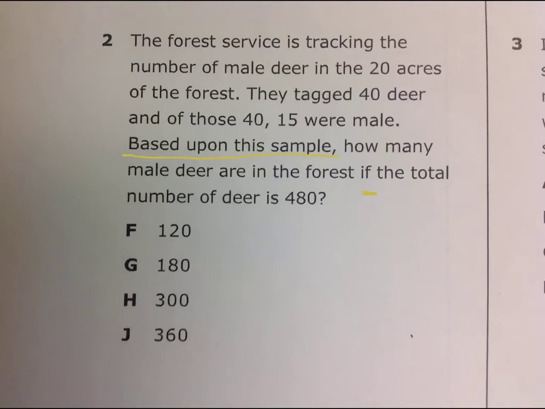Well, we have to start again with what we know. Let's make our word ratio to remind us what it is we're looking for out of the total of what? Well, we're looking for male deer. Those are also called bucks. Out of all the deer.